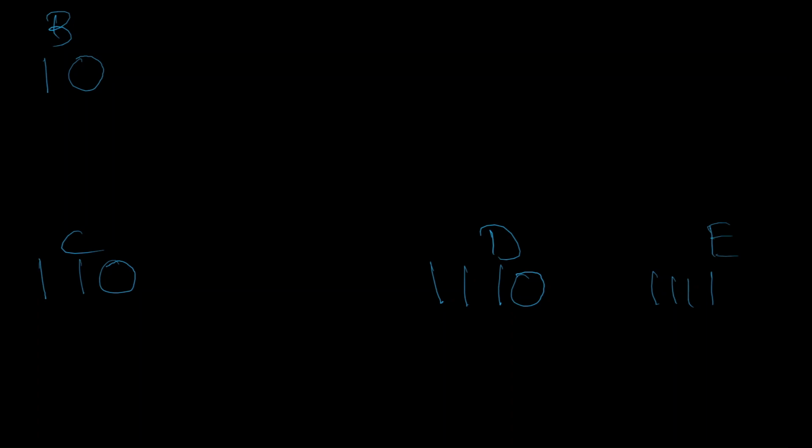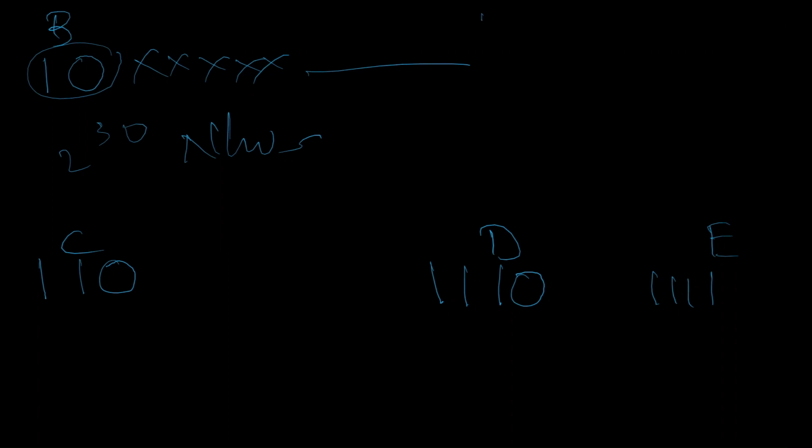So in class B, these two bits are fixed and we have 30 bits remaining, followed by 3 more octets.